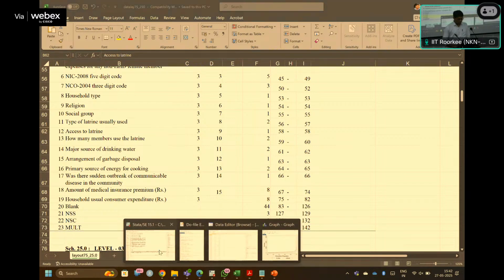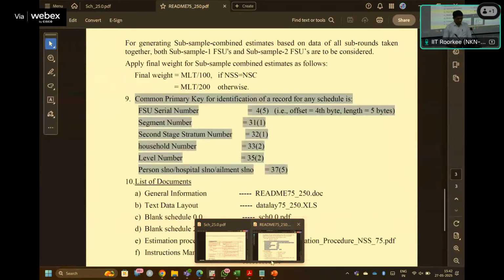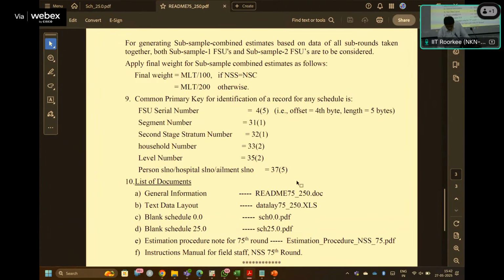So I have opened in STATA the file that is covering household information. Now to merge it, there are standard suggestions given by the ministry about the variables. In order to merge, you should have this information together. If you are carrying household variables, then you have to carry the unique ID till household variables, not beyond. If you are combining individual variables, then individual variables should be taken as a unique ID. Let me specify it.